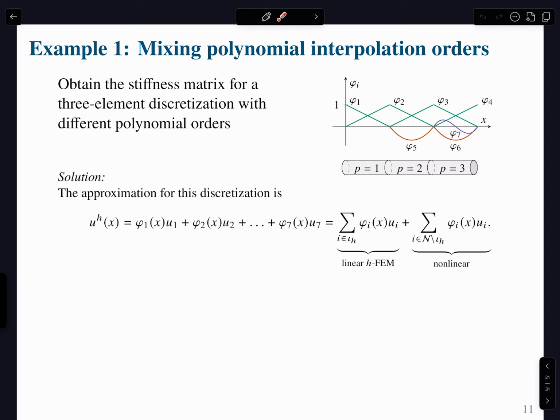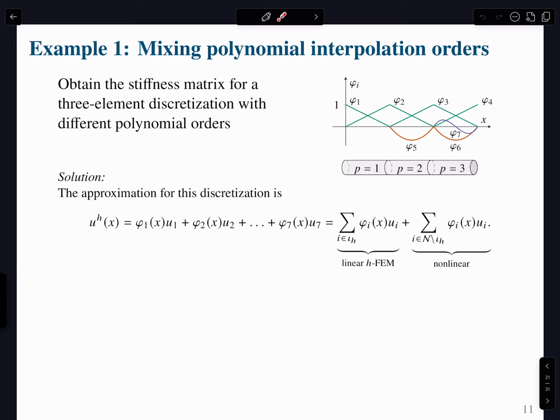I actually like very much writing the 𝑝-FEM approximation this way, because you could consider 𝑝-FEM to be already an enriched formulation, where we are actually enriching the linear basis with nonlinear polynomial functions in order to improve the accuracy of the formulation. And, well, is that good?